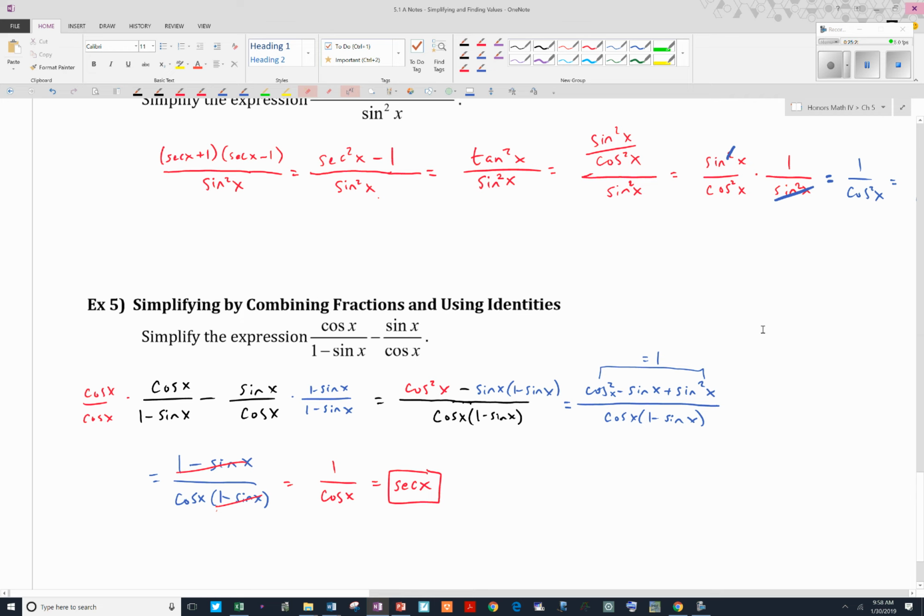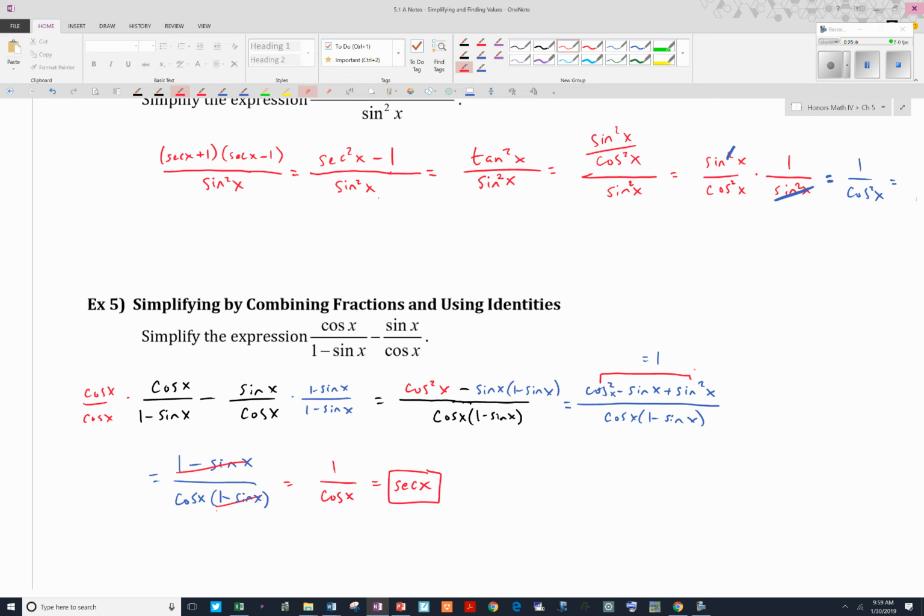Obviously these guys can combine to be one because of the Pythagorean identity, but does it make sense to do that? And then I saw this guy down here and thought, yep, because then they're going to be able to cancel out. So you got to kind of think ahead as you're going too, and that tells you where to go.